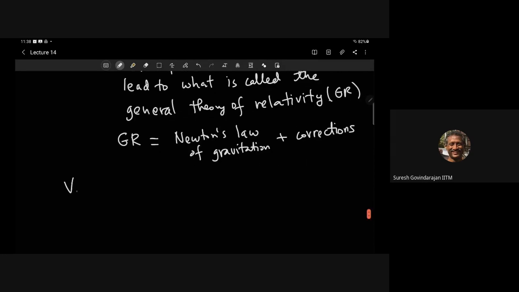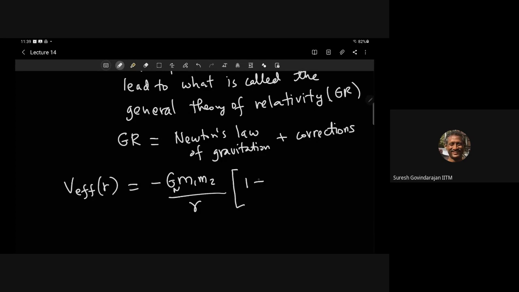If you look at V effective of R, that turns out to be G Newton M1 M2 by R, so this is what we call K by R, right?